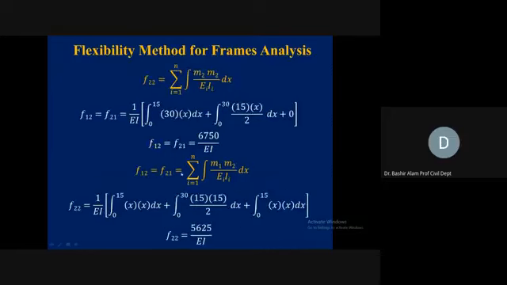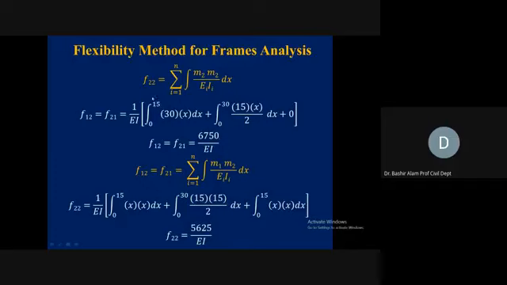Here now F12 is equal to F21. In the middle you see this equation, the basic equation. Here we write, for member AB we have 30 times x. For member BC we have 15 times x. And for member CD we have 0 times, so this is giving us 0. So F12 is equal to F21 is equal to 6750 over EI.